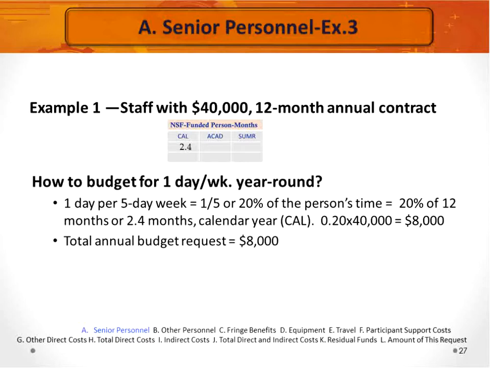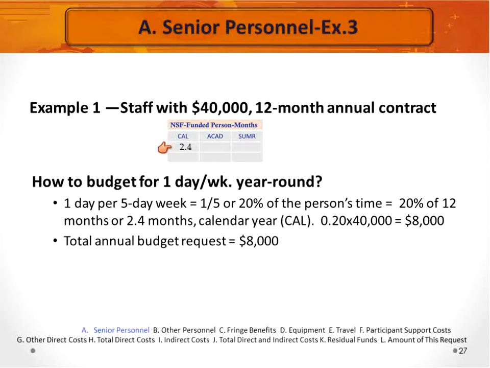The person's time commitment to the project will be 1 day per 5-day week year-round. So again, this is 20% of a person's time. So we figured out that this will be 2.4 months of time. So that's the 20% of the 12 months right there. And you put that under this calendar category here on this chart.